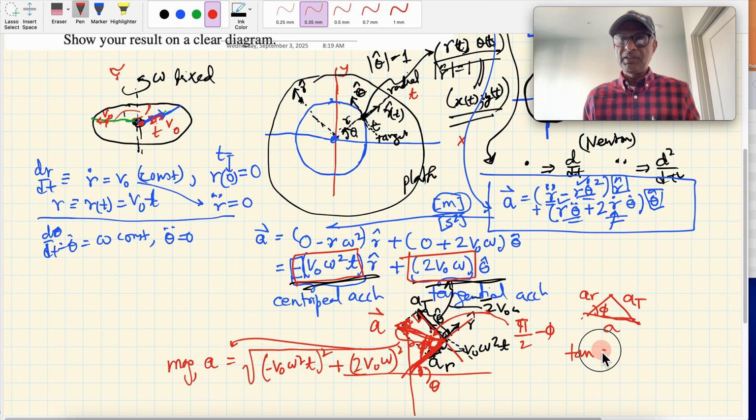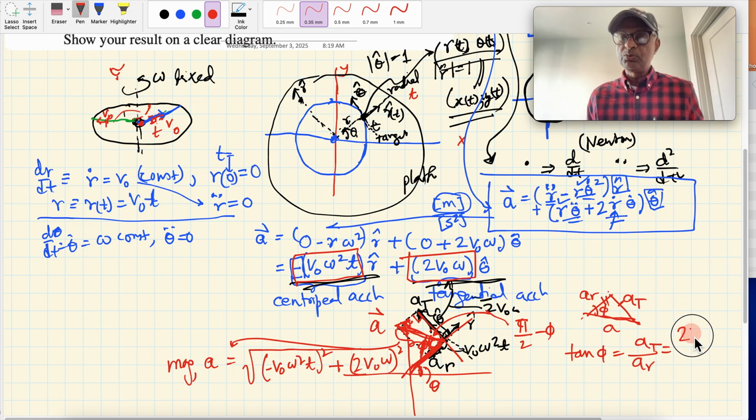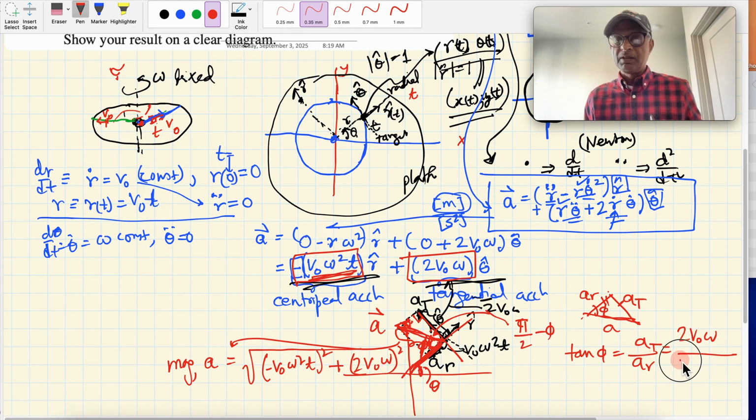So tangent of phi can be this side over that side, AR over AT, and AR is 2v0 omega, and that one is the magnitude part. All the signs are taken care of, so this part is just v0 omega square t. So v0 cancels out, one of the omegas cancels out, and it's 2 over omega t.